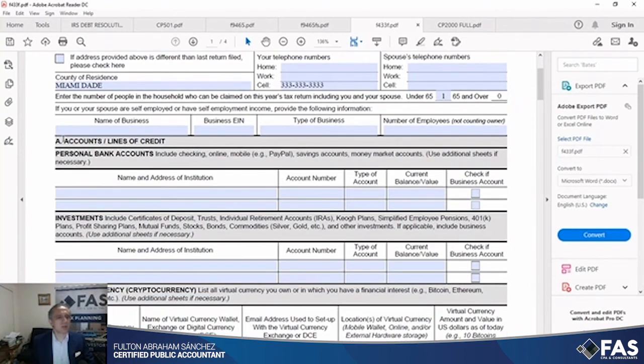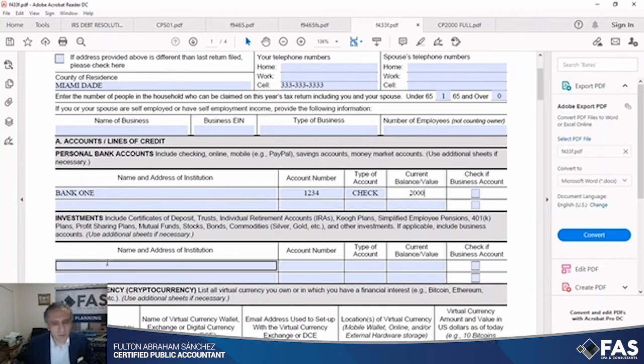Here's how it comes out of the accounts. For example, for the bank account, I'm gonna say this is Bank 1, account number 1234, type of account checking, current balance value 2000. That's to give you an idea. This is not a business account.